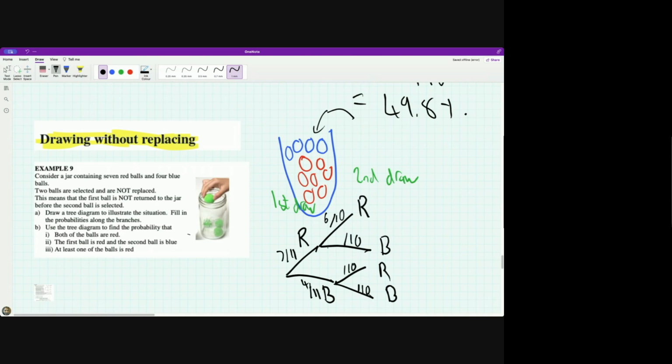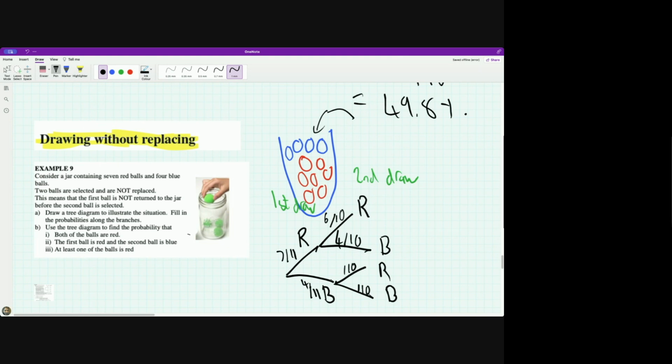All right. Now, imagine I took a red out. How many blues are left for the second go? So there were 4, but I only took a red one out, so there's still 4 out of 10. So that's why there's a 6 in 10 chance for red, 4 in 10 chance for blue.